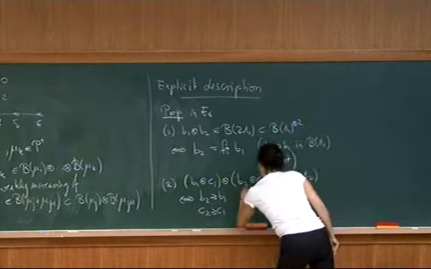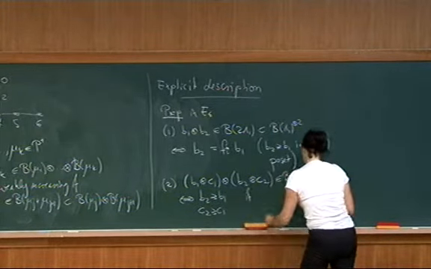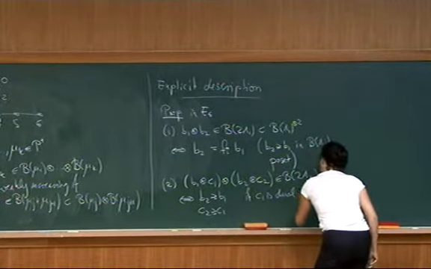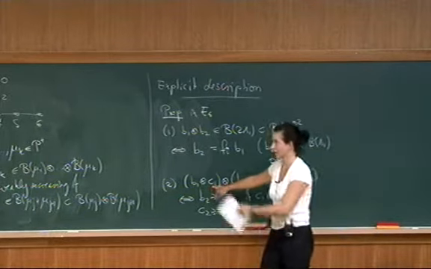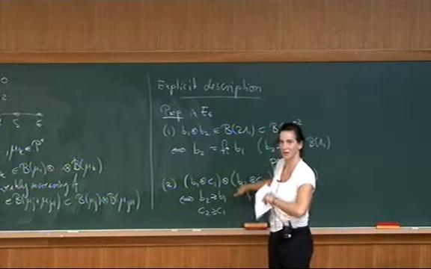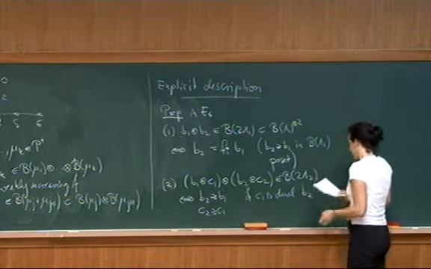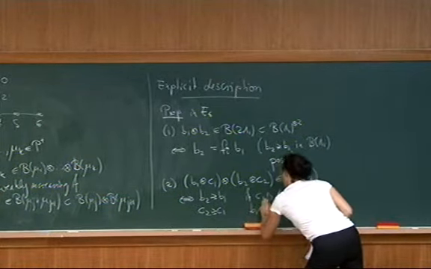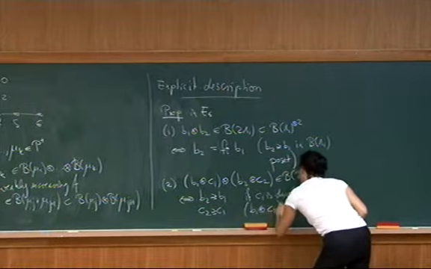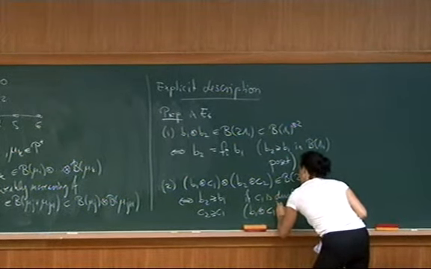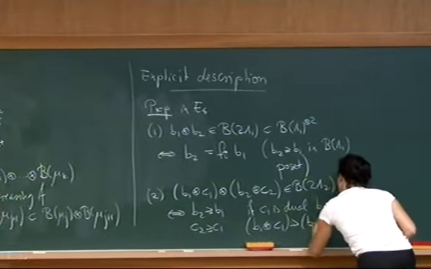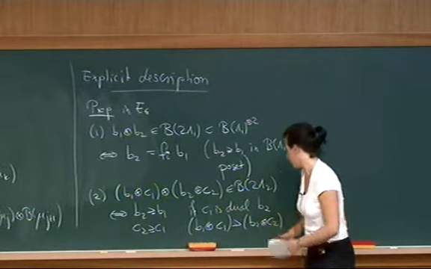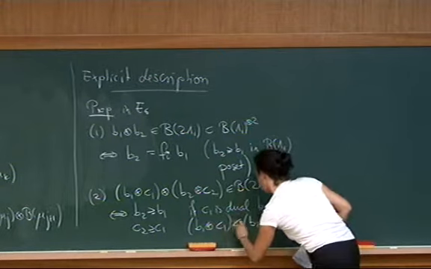And then there's an extra condition if C1 is dual to B2. This guy lives in B1 and this guy lives in B6, so they could in principle be dual to each other. Then we want that this whole thing is strictly greater than B2 tensor C2. By this I mean there's an F string that takes you from here to here.